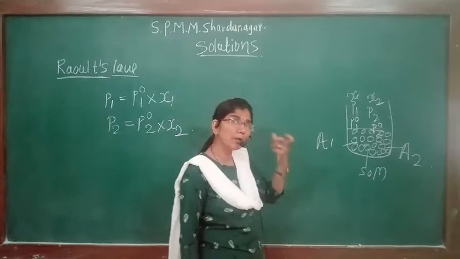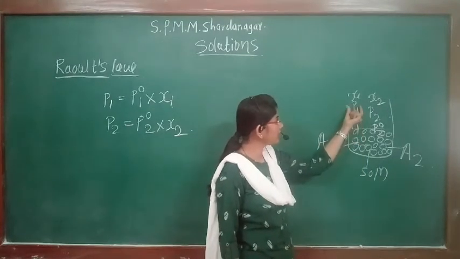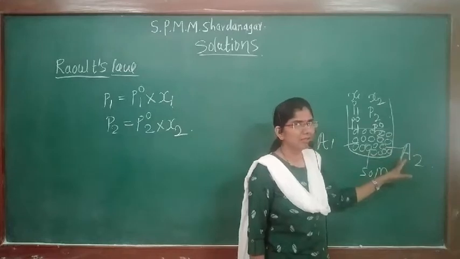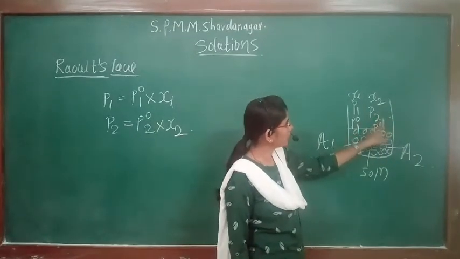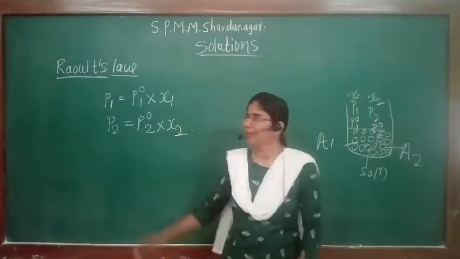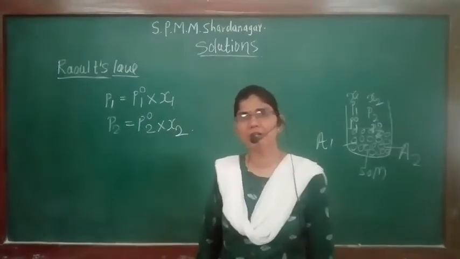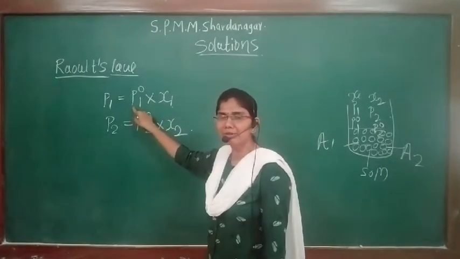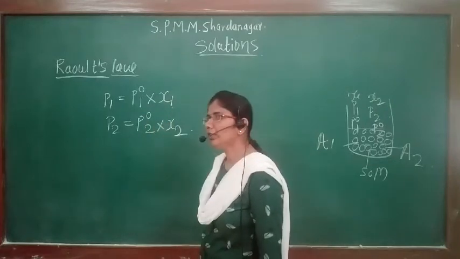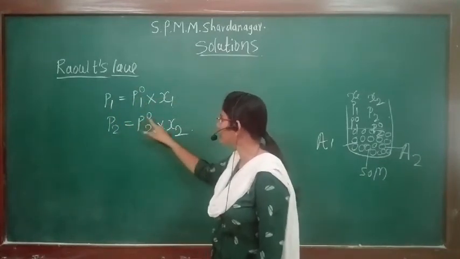When we mix the two volatile components, it forms a mixture, where the partial pressure of A1 is P1, its vapor pressure is P01, and its mole fraction is X1; A2 has partial pressure P2, vapor pressure P02, and mole fraction X2. So P1 is equal to P01 X1 and P2 is equal to P02 X2.